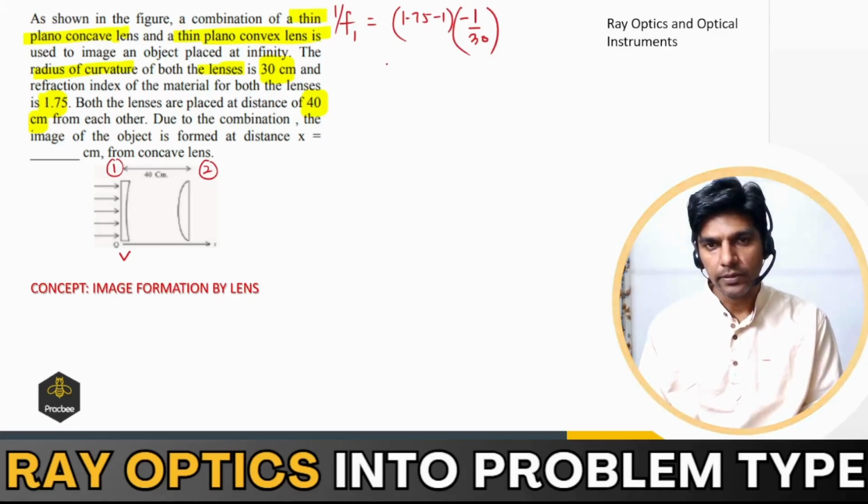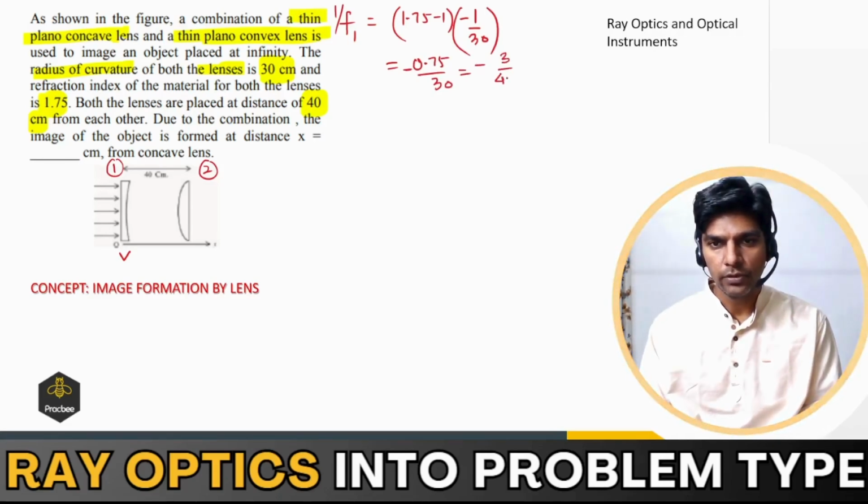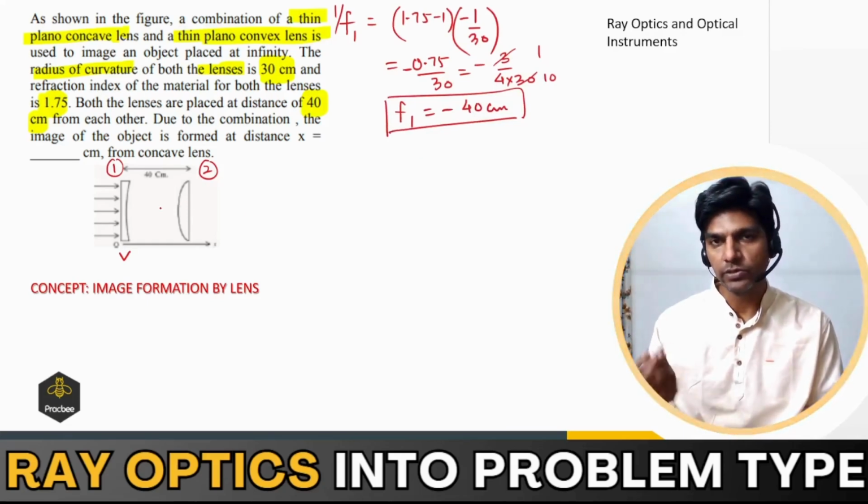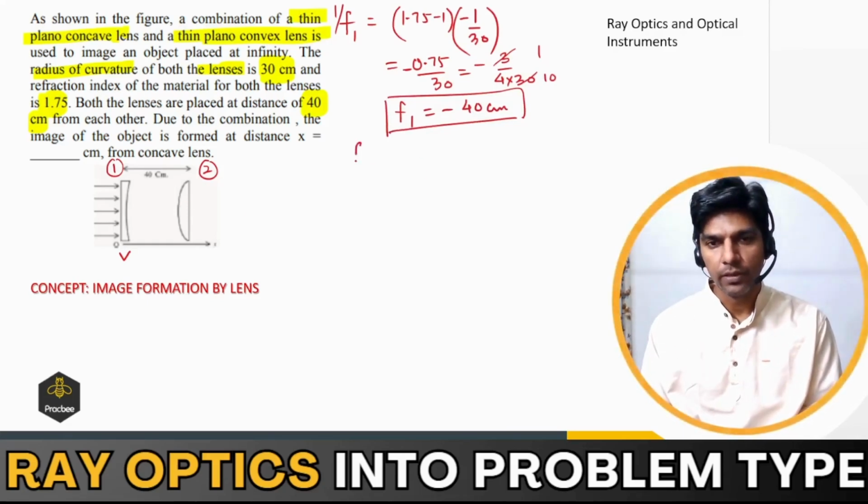So it comes out to be 0.75 divided by 30 with a negative sign, or we can write this as minus of 3 by 4 times 30. So it will be 1 by 10. So the focal length f1 comes out to be minus 40 centimeter. Similarly, for the plano convex, which is also having the same radius of curvature, f2 will be plus 40 centimeter.